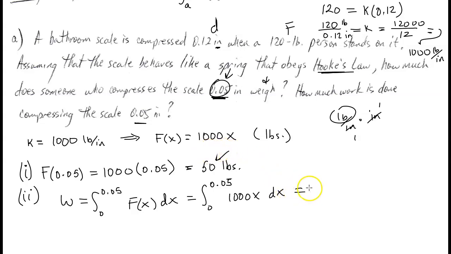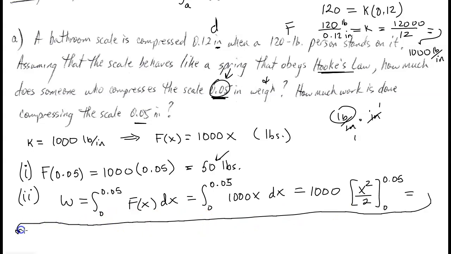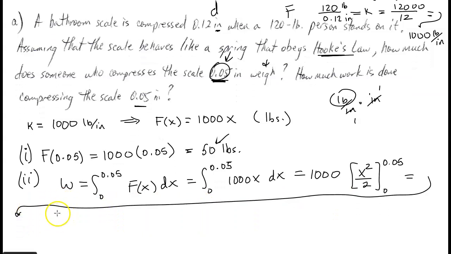All right, so here, if we just go ahead and factor out the 1000, and then we take the antiderivative of x, which would just be x squared over 2, and evaluate that from 0 to 0.05. Then from there, it's just a matter of doing a little arithmetic, and we will get our answer here. So we know 2 goes in 1,000 500 times.